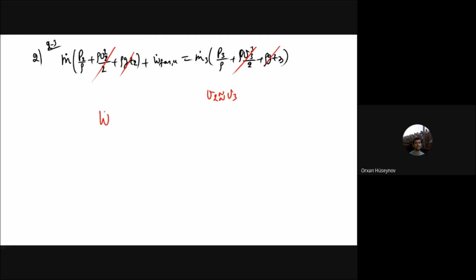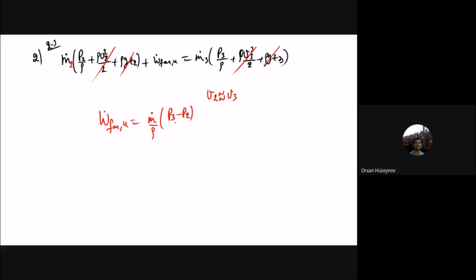So therefore I can write that work dot fan useful will be equal to m dot 2, which is the same as m dot 3. We can add the subscript here, they are the same, and it will be m dot multiplied with p3 minus p2, divided by the rho.